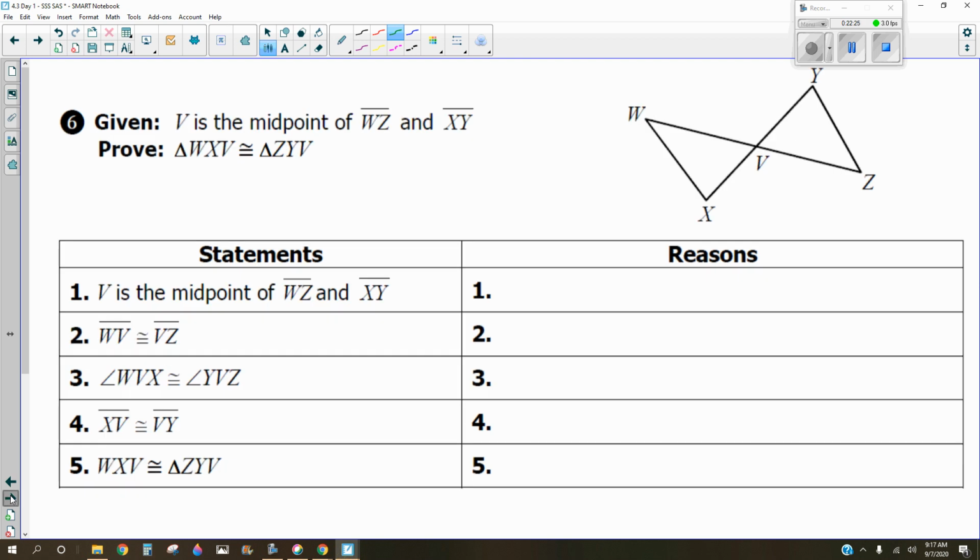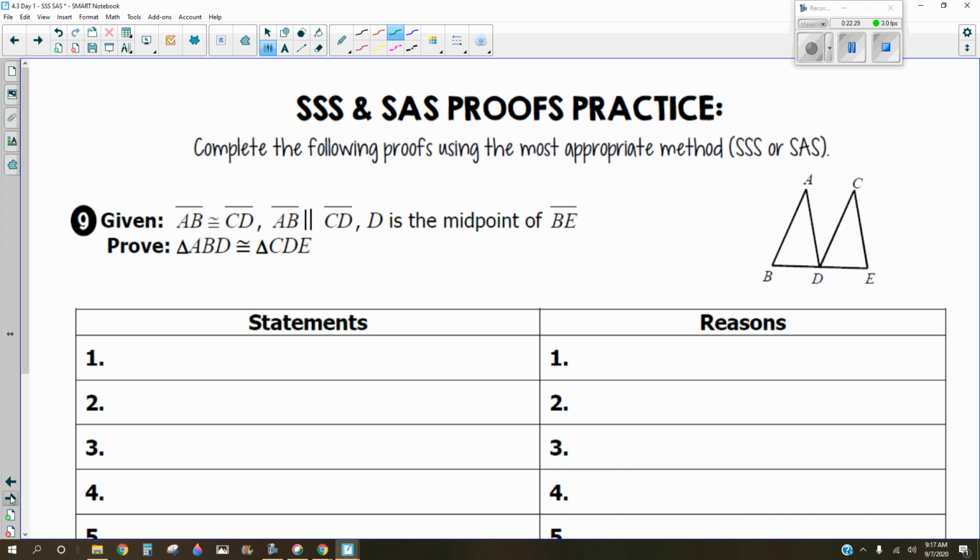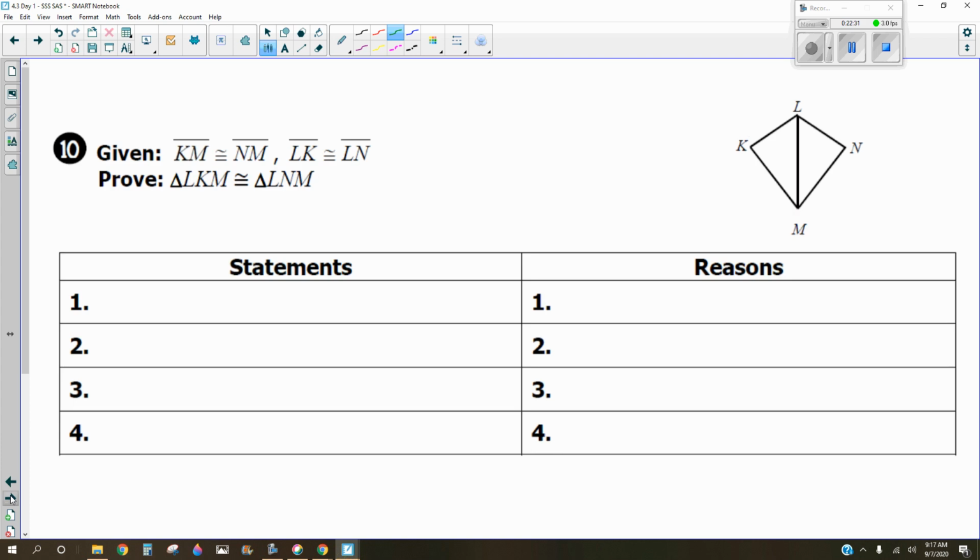Let's fill a different one out here. Let's try again. So KM, MN. So I'm going to do KM, MN. Make sure you're pausing and writing some of these down. This is very difficult until you get the hang of it.